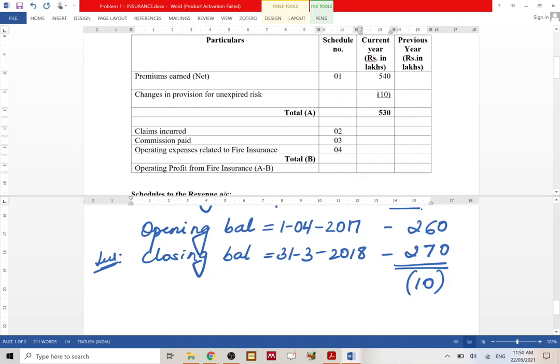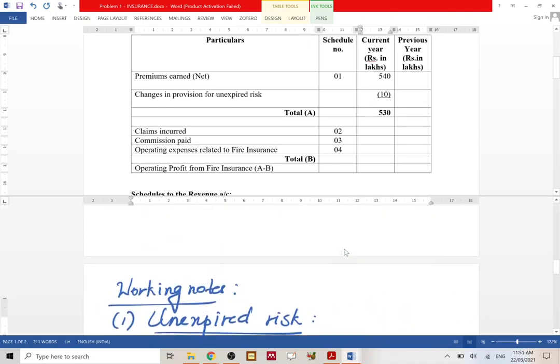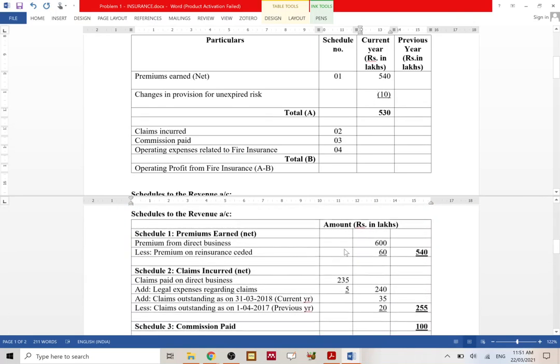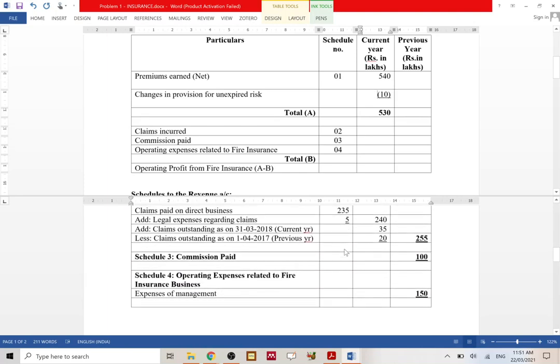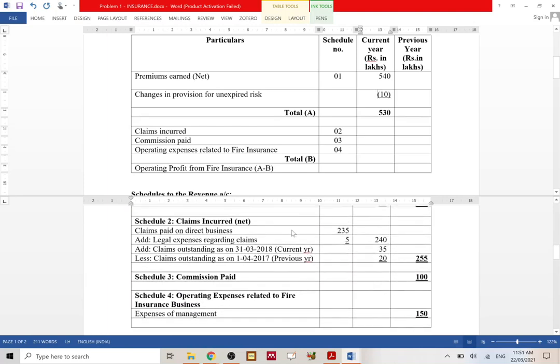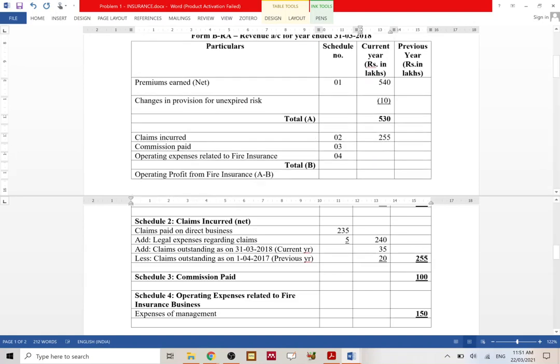Income is mainly your premiums, of course, and then you have all the different types of expenses. Let's see, claims incurred. Now let's look down here. Claims incurred, total balance that we have got after adjusting everything is 255. We are just posting now.